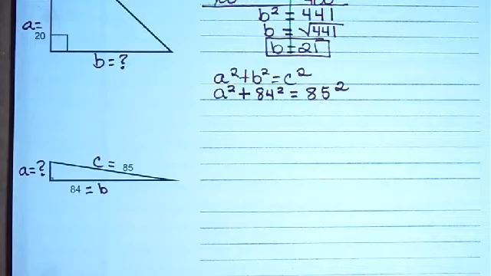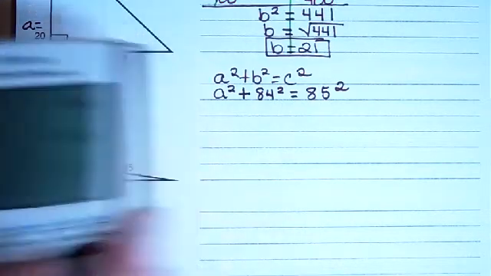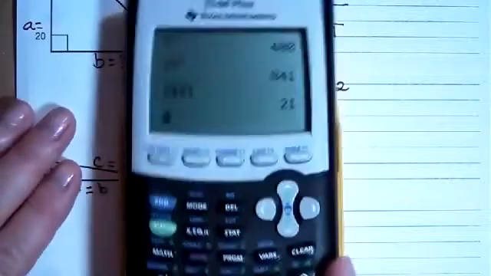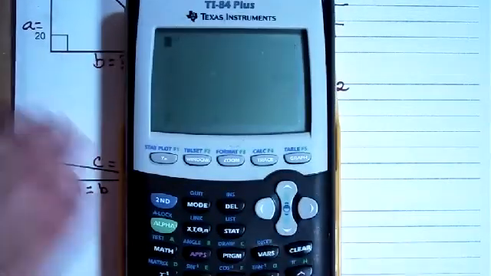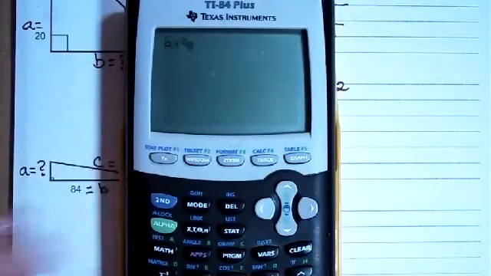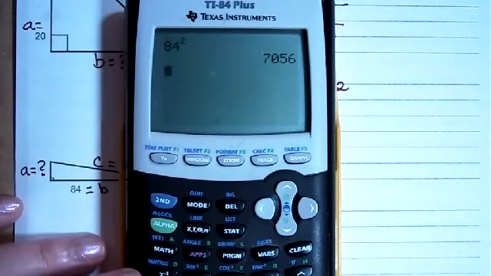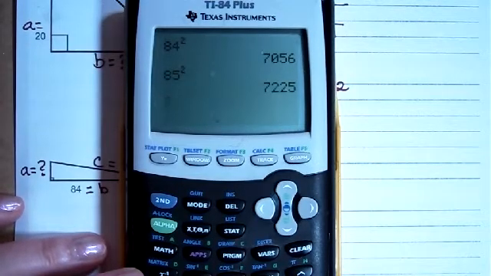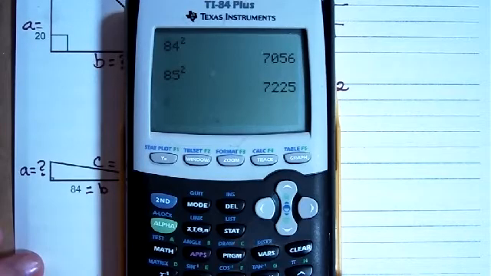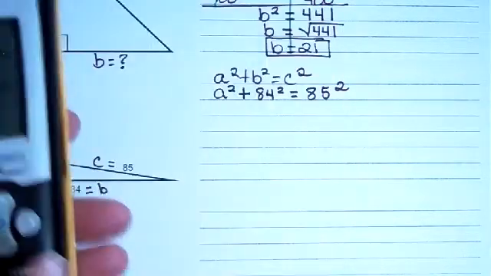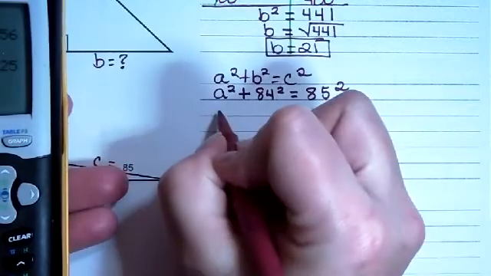Now, grabbing my calculator right here, I'm going to figure out what 84 squared and 85 squared is. I got my calculator. 84 squared is 7,056, and then I have to do 85 squared, and that's 7,225. So now I'm going to slide this out of the way and put those two numbers where they belong.